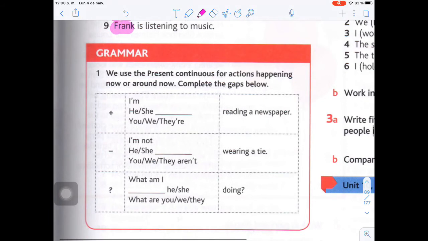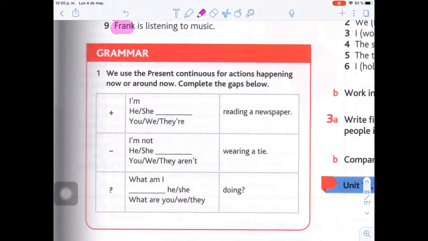Okay, now the grammar. So the grammar for the present continuous is very simple. We use the present continuous for actions happening now or around now. So it says complete the gaps below. In order to use the present continuous in a correct way, we have to know how to use the verb to be. So let's have a look on how we are going to fill in this grammar box.